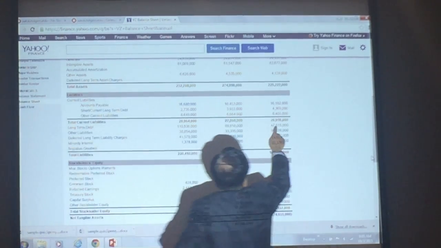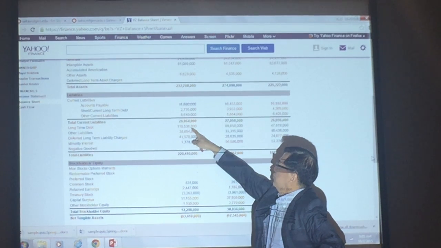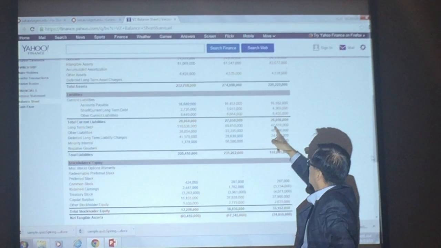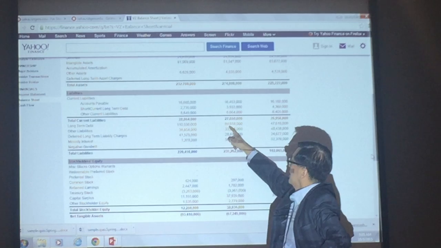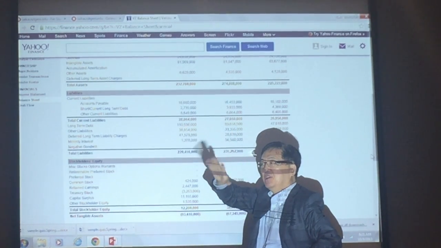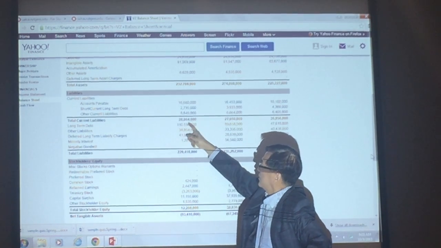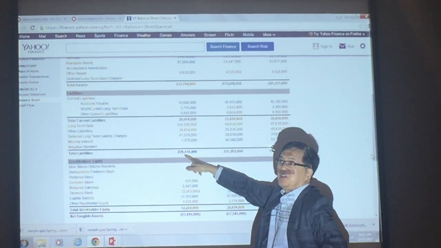This is December 31st, 2014, 13, 12: now $47 billion, 89, 110 billion. 110 billion, about $5 billion interest expense for every year. But that's only the long-term debt. Other debt totals $220 billion.